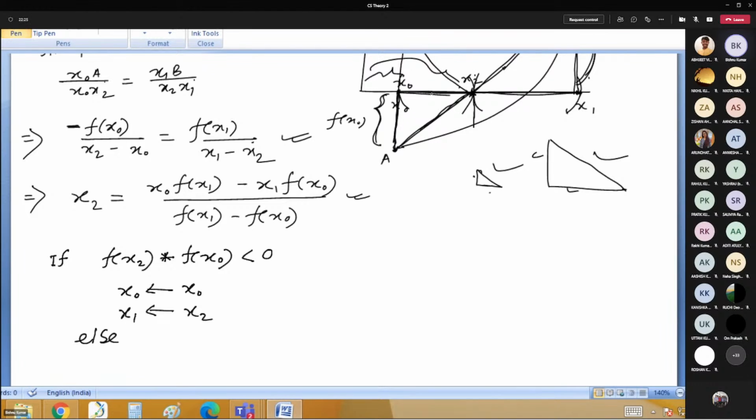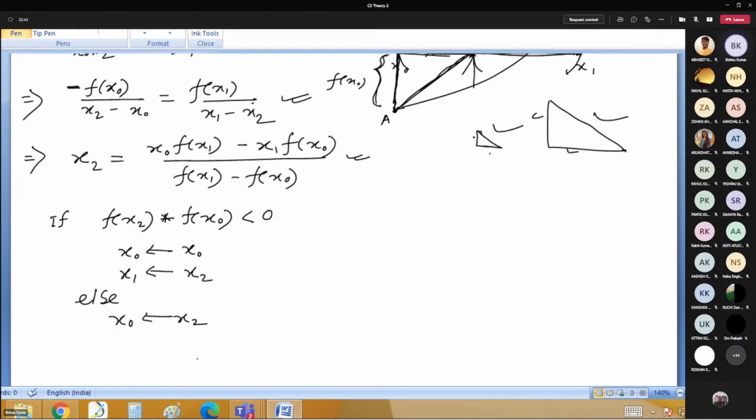So what you have to do? Another subinterval you have to pick up. This you have to cancel. So else, x2 will be the lower boundary point, means x2 replaces x0 and x1 will be unchanged.